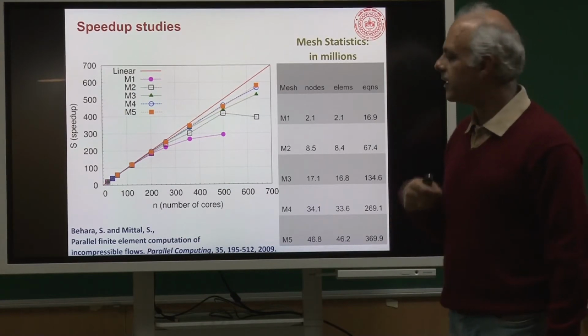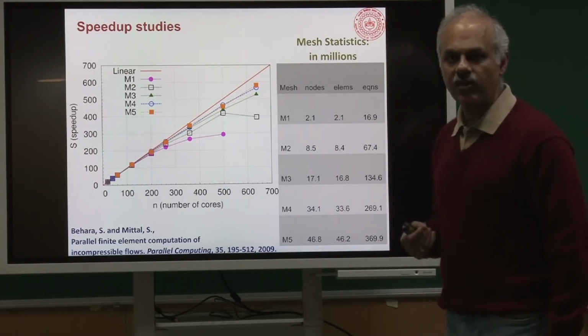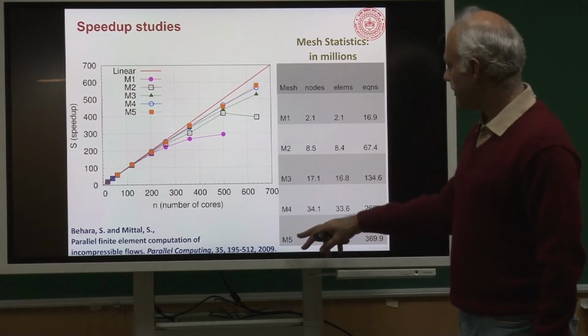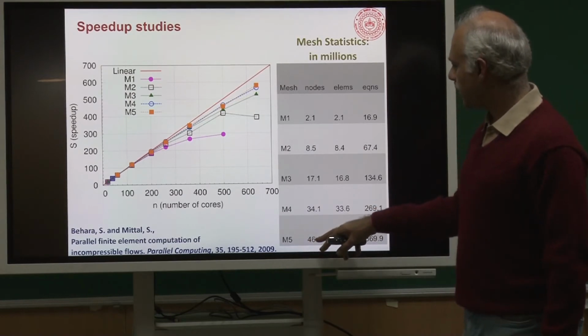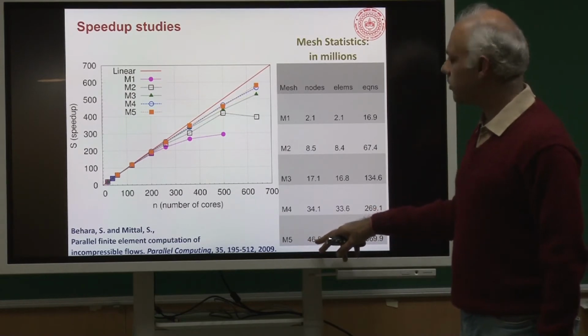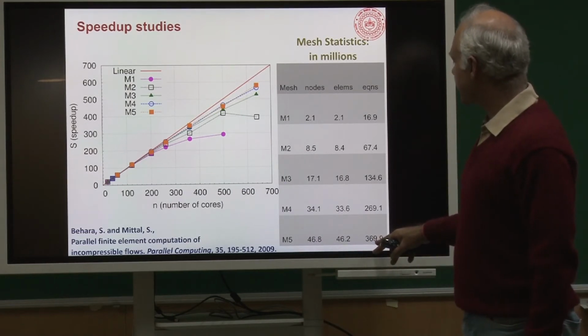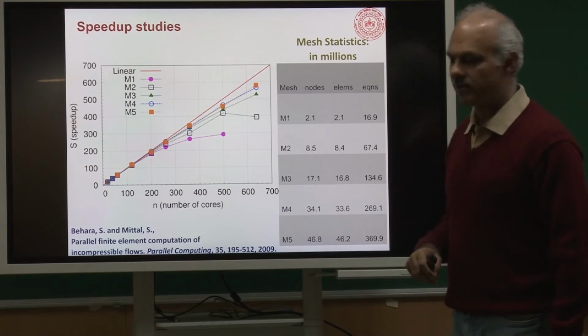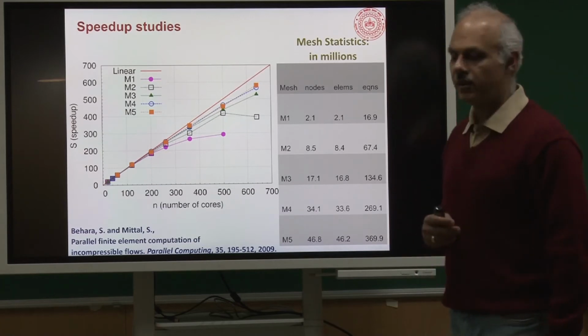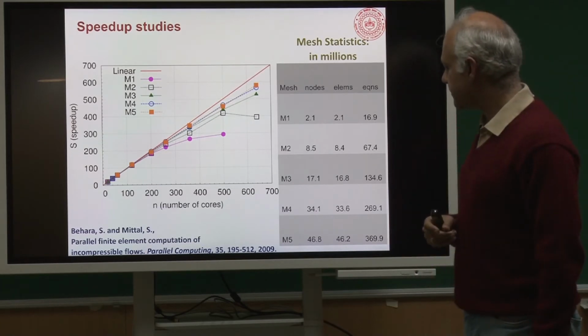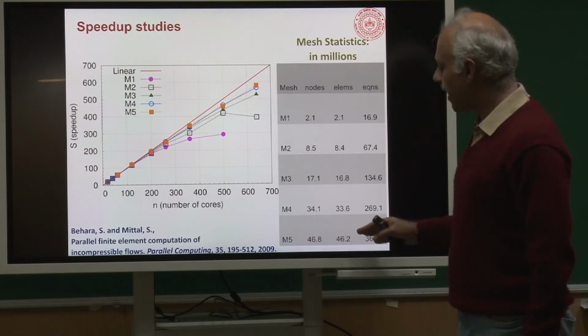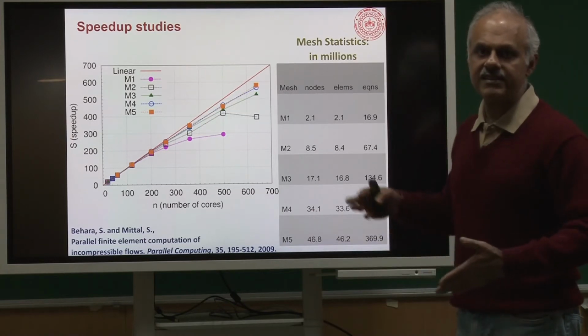So these nonlinear equations are solved at every time step. The finest mesh has about 47 million nodes, and it has about 370 million equations. Okay, so something like 0.4 billion equations.